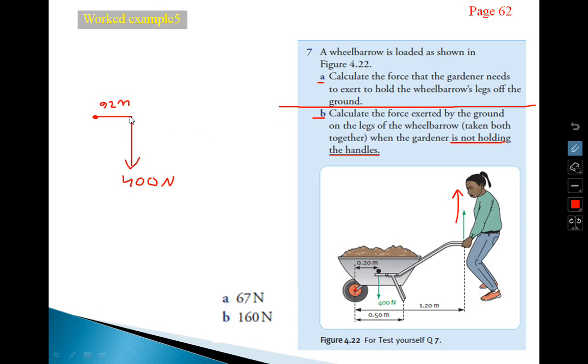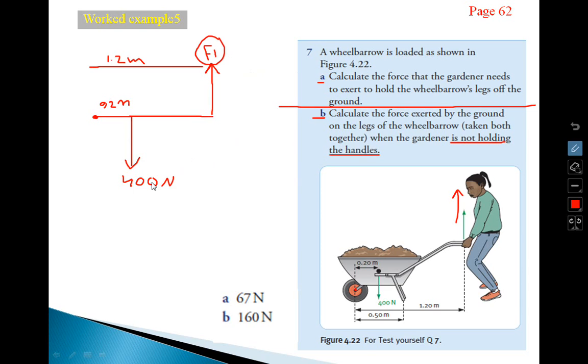There is another force here, acting this way, with a distance of 1.2 meters from the pivot up to here. Let us call this force F1. For this one, we need to find this force.